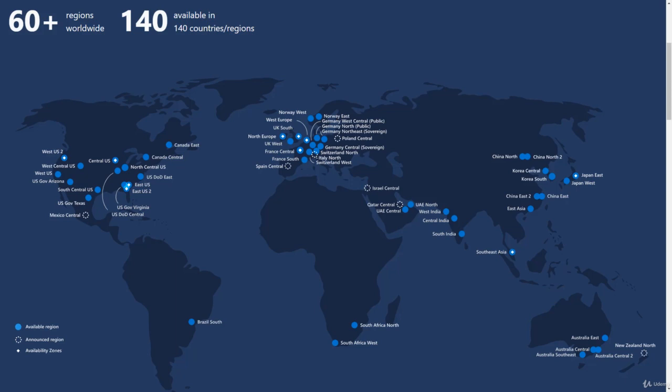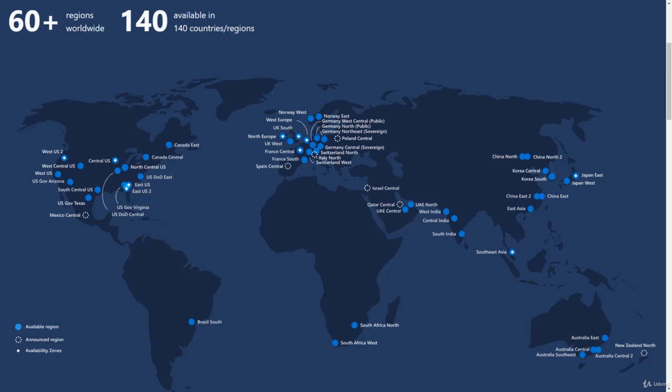You've got lots of them in Western Europe. There are 2 new regions that just opened up in Africa, South Africa North and South Africa West. You've got UAE, you've got India, there are Asian regions and Australian regions. So wherever you physically are in the world, chances are there are Azure computing services not too far from you, within so many 100 or 1,000 kilometers.